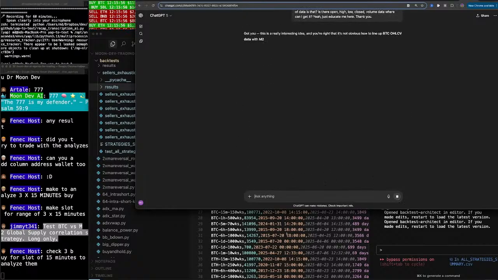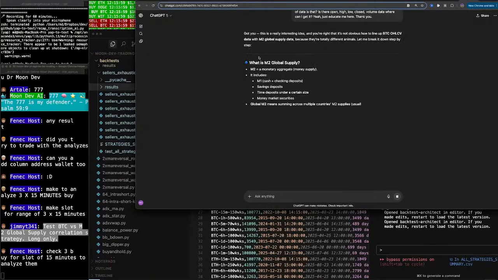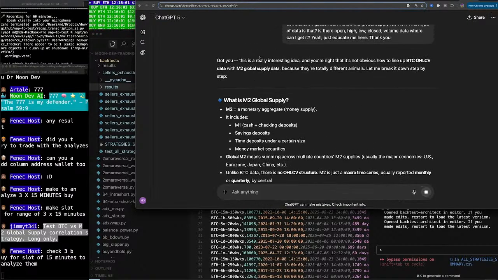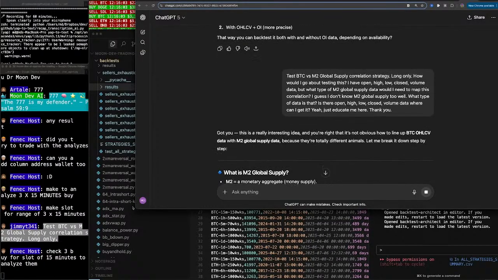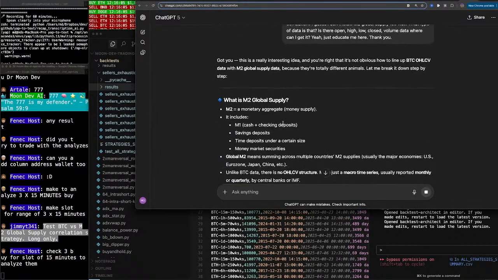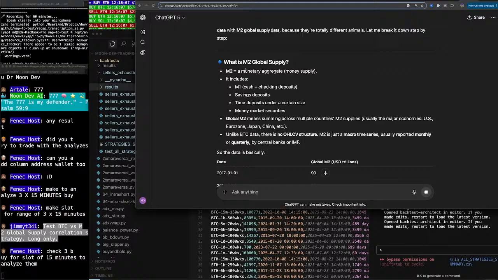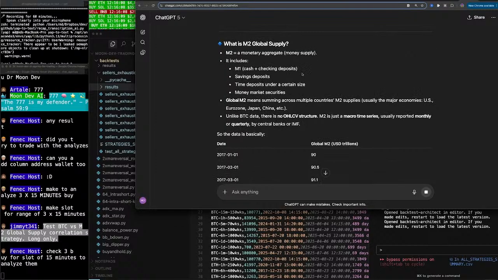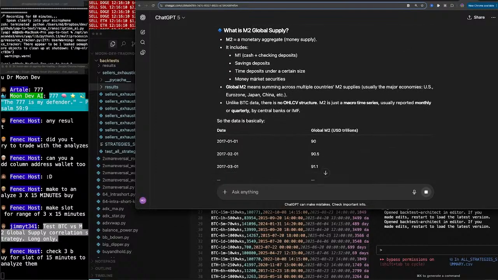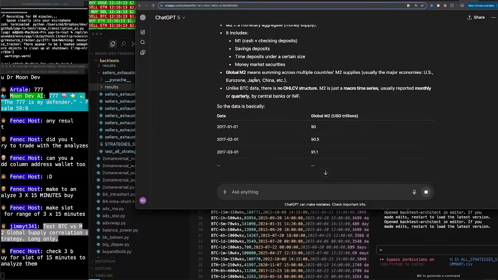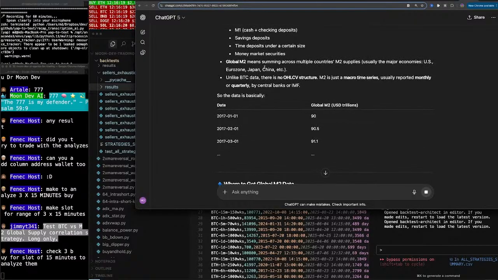That's an interesting idea, dude. So, what is M2 global supply? M2 is monetary aggregate money supply. It includes cash plus checking deposits, savings deposits, time deposits under a certain size, money market securities.